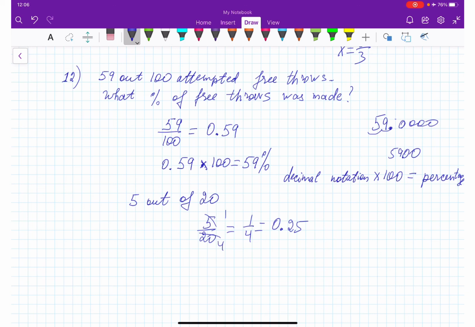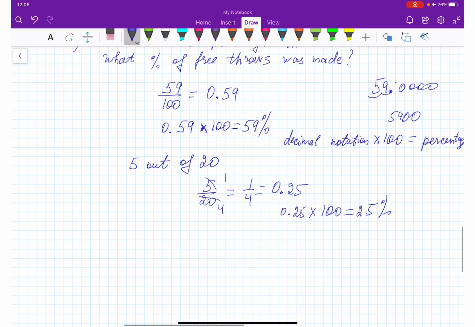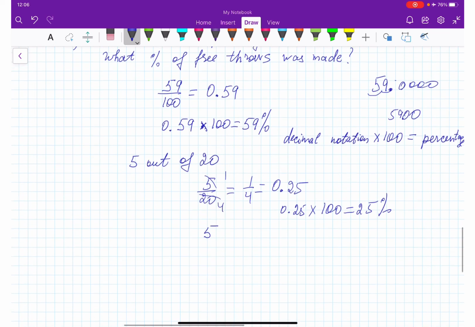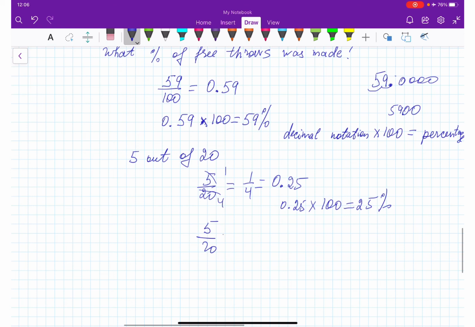So 0.25, if I multiply by 100, I will get 25%, which means 5 out of 20, that makes 5 is 25% of 20. Okay? So the player made 25% of the free throws attempted, of the 20 free throws attempted. We good?